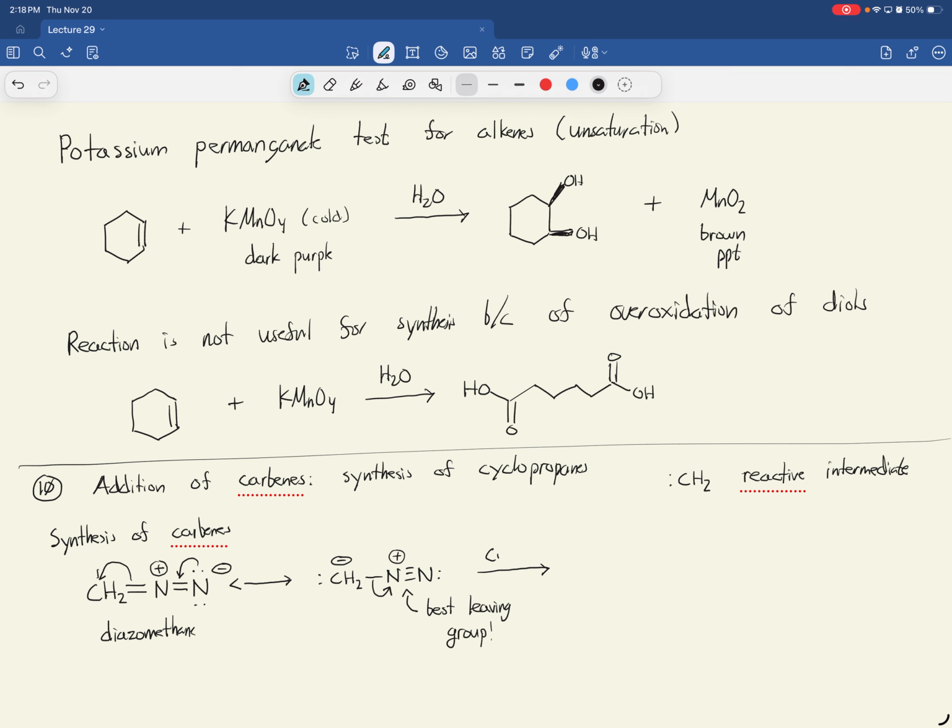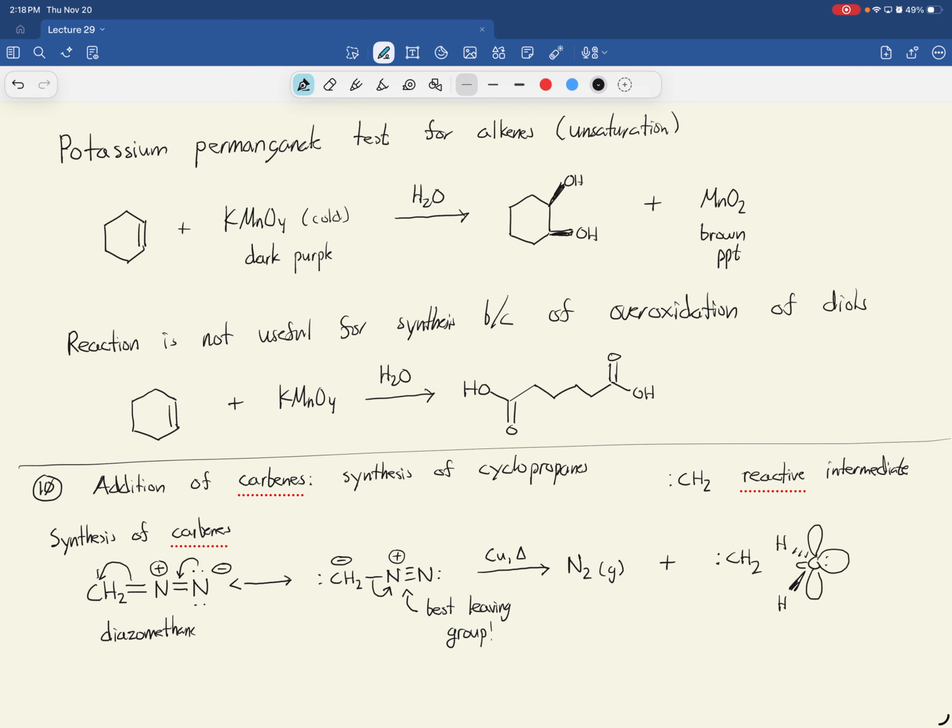If you just heat this or have copper and heat, this will release nitrogen gas, and you will form a carbene like that. The thing about the carbene is that it's planar, and the lone pair is in an sp2 hybridized orbital.